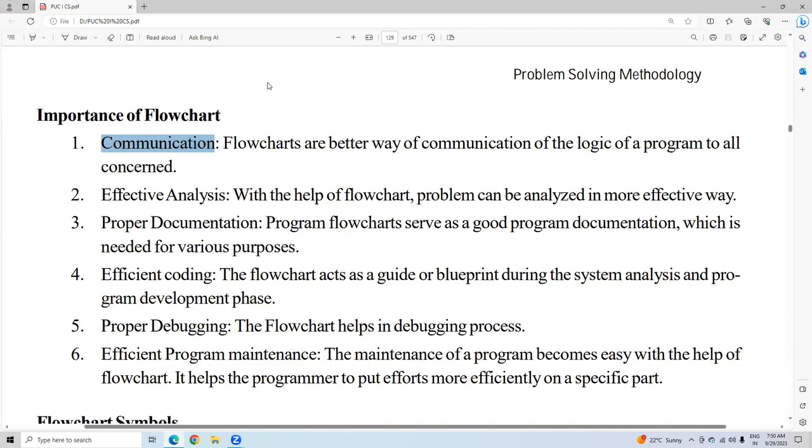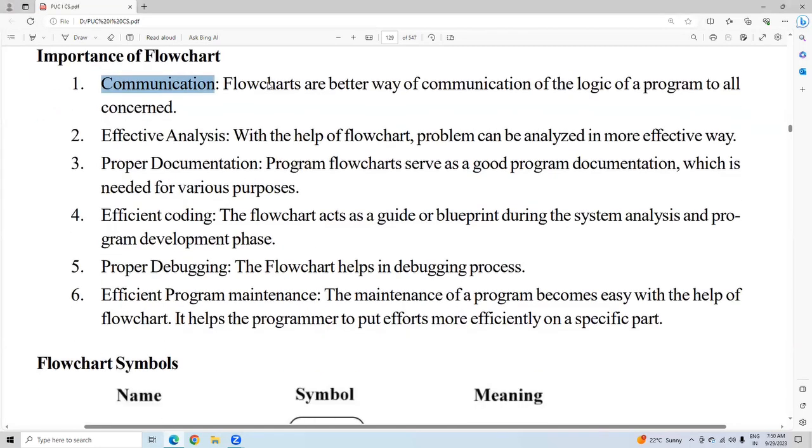By seeing that diagram, they easily come to know where exactly it is blocked, because of which the drainage water is not going out. Like that, when the proper output is not coming, with the flowchart we can easily do the debugging process.